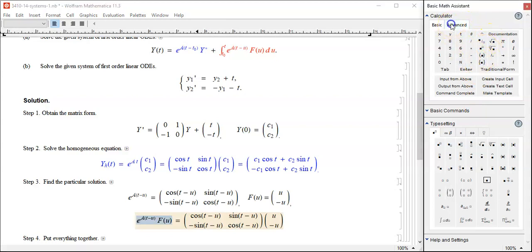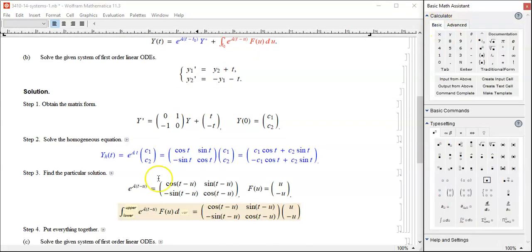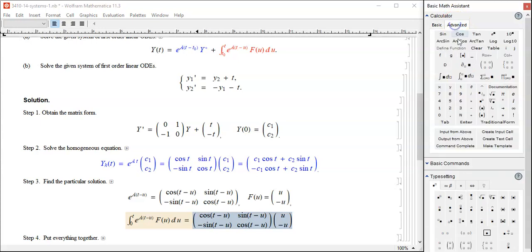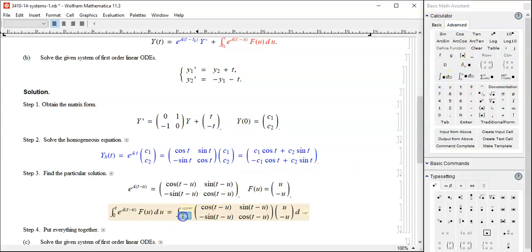And then basically what we want is this integral computation. Let's see, where's the integral? Yeah, here's the integral, 0 to t, and then du. So basically I want the same kind of integral here, 0 to t du.